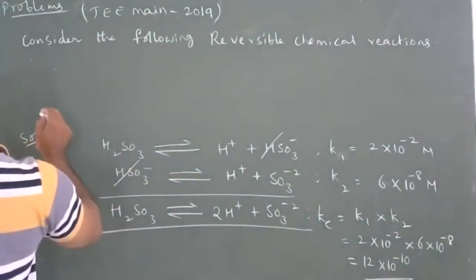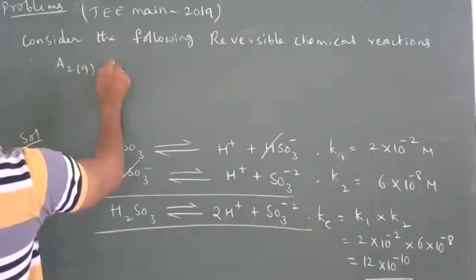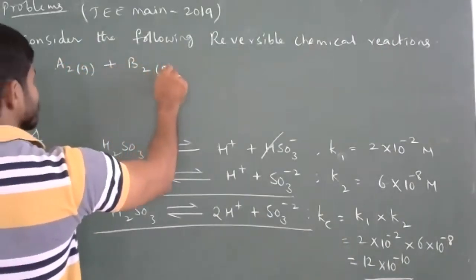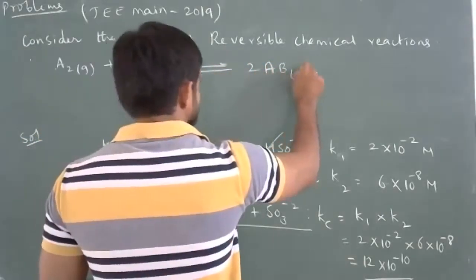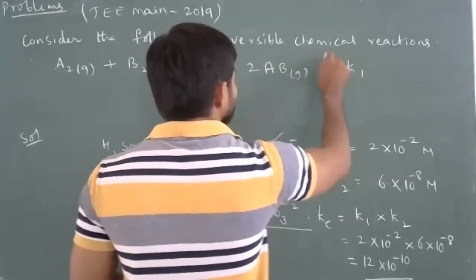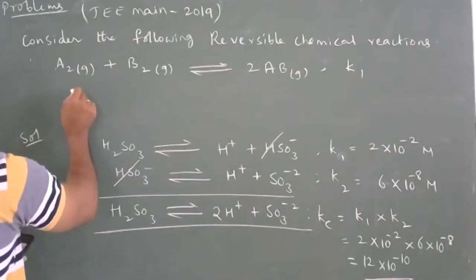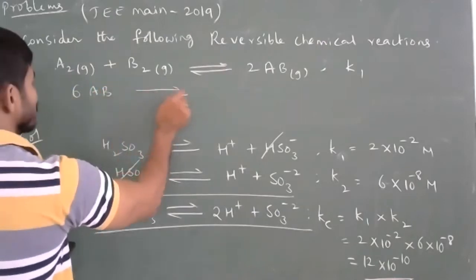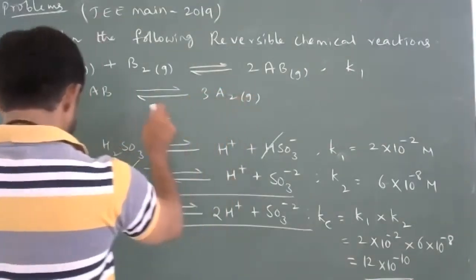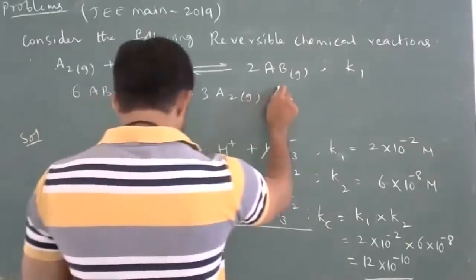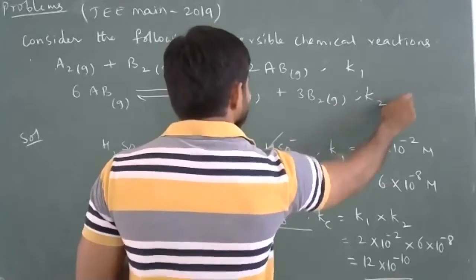First one is A2 gas plus B2 gas are converted into 2AB gas. For this equation, equilibrium constant is K1. Second equation 6AB gives rise to 3A2 gas plus 3B2 gas, K2.